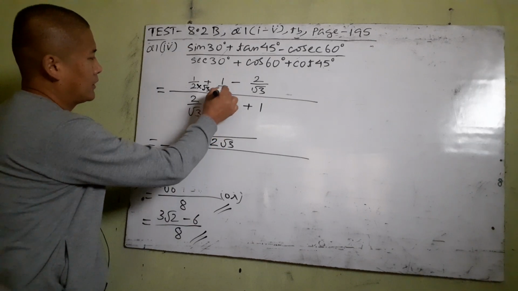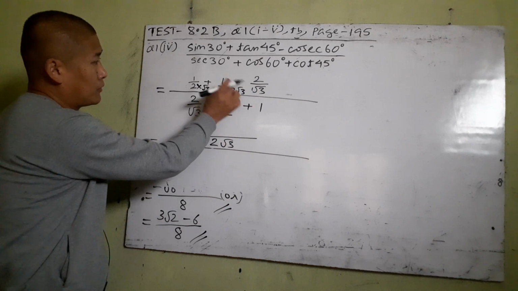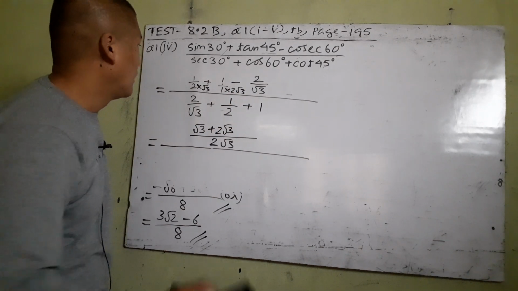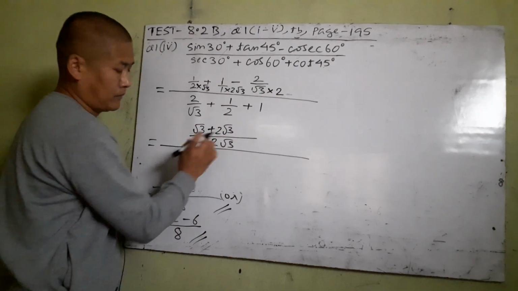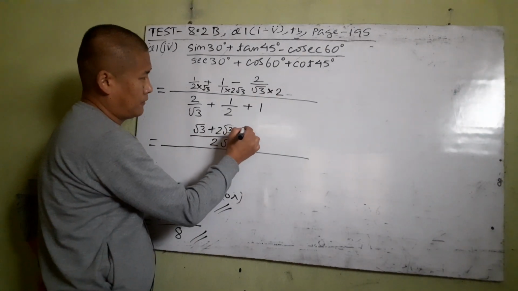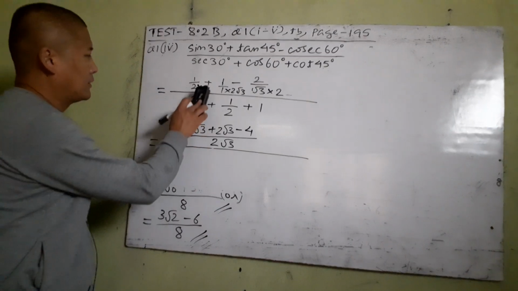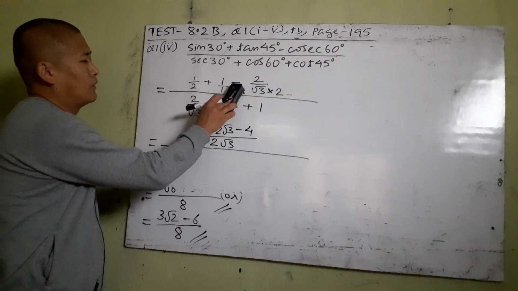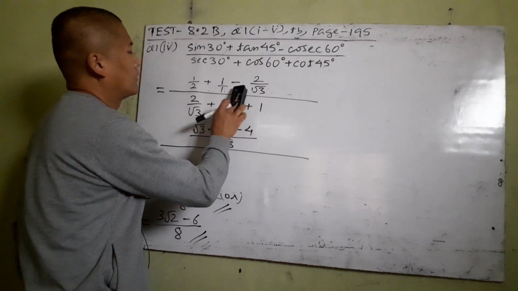Similarly, go to the next one, and 1 into 2 root 3 is 2 root 3, the LCM. 2 root 3 into 1 is 2 root 3. Next, finally, the last denominator, root 3 into 2 is 2 root 3, and so 2 2s are 4, minus 4, therefore. As I said, I'm writing these things for explanation's sake. You need not write, okay. Even if you write, it's okay, but not necessary to write.